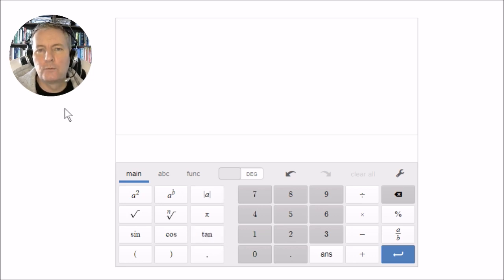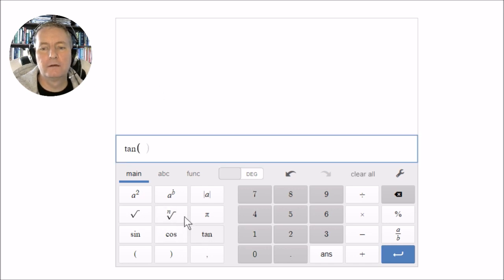Now we know what the tan button means. In words, the tan button says the ratio of y to x in a right angle triangle. So if we were to press tan and then put in 45, the 45 is equivalent to 45 degrees.